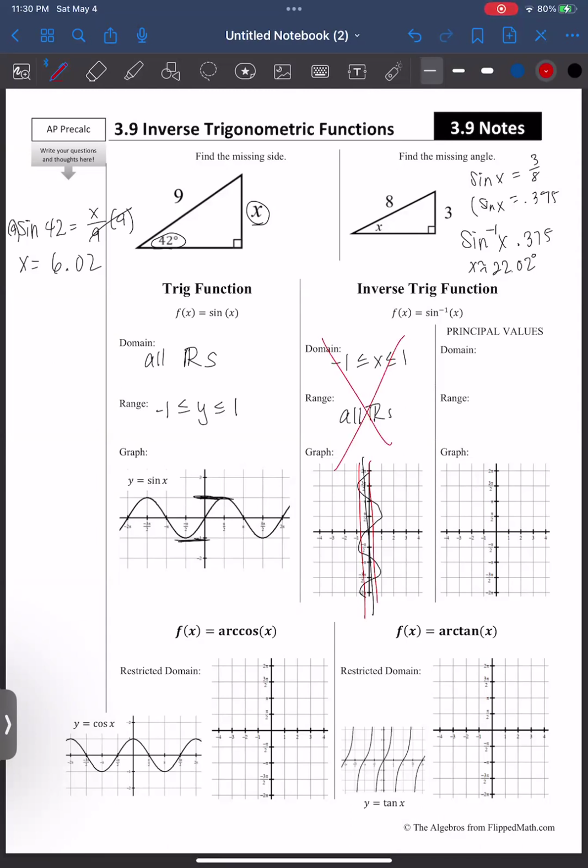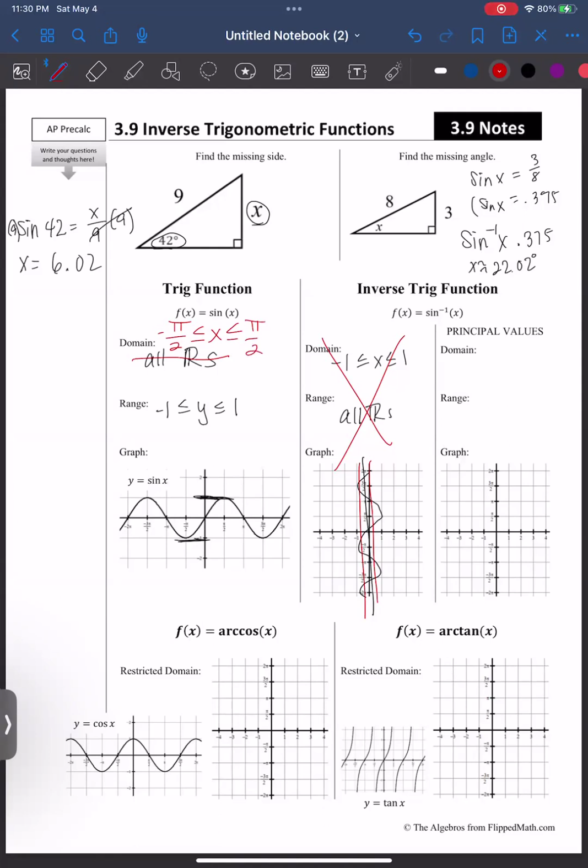What happens is I have to use a different set for the range. My domain is still going to be -1 to 1, but I have to alter the range. Instead of all real numbers, I need to keep it between -π/2 and +π/2.